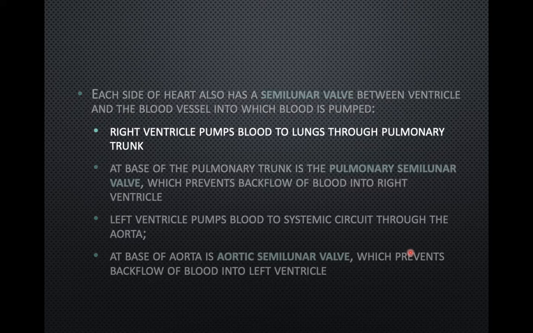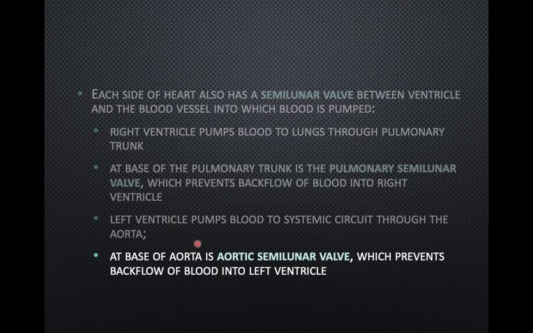Okay, so the right ventricle pumps blood to the lungs through what's called the pulmonary trunk. At the base of the pulmonary trunk is our pulmonary semilunar valve, which prevents the backflow of blood into the right ventricle. Then our left ventricle pumps blood to the systemic circuit, or to the body, through the aorta.